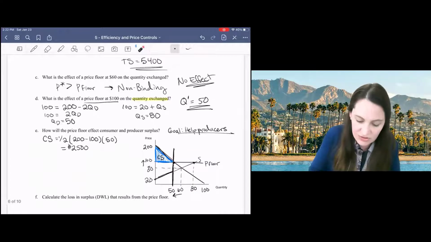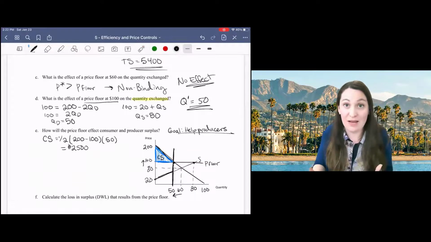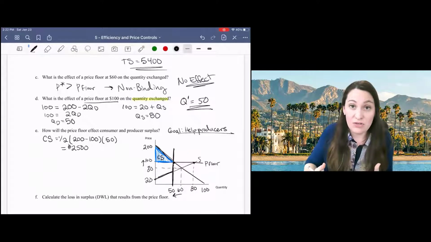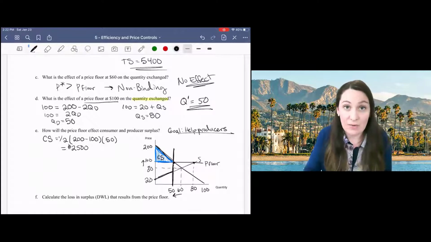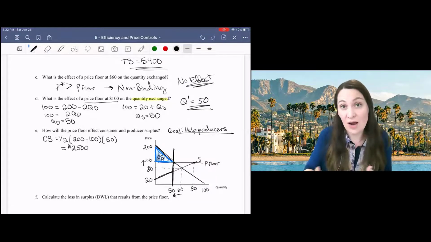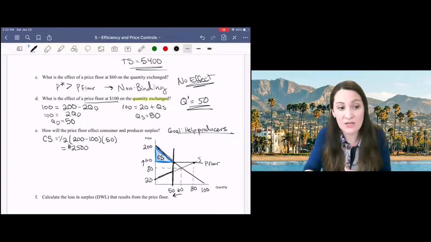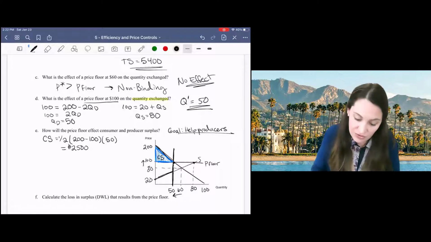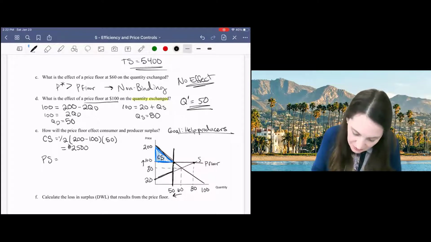For producers, there's kind of a mixed bag here because producers benefit by getting a higher price, but they're harmed in that they sell a smaller quantity. So producer surplus could actually go up or down. And in order to figure out whether as a whole producers benefit or are harmed, we would need to calculate producer surplus.